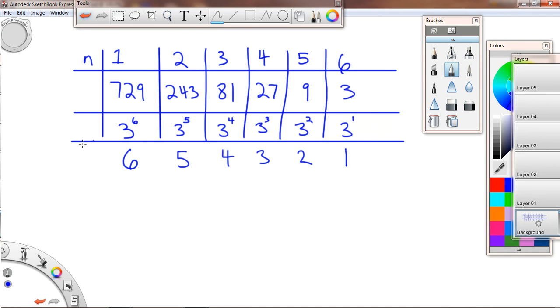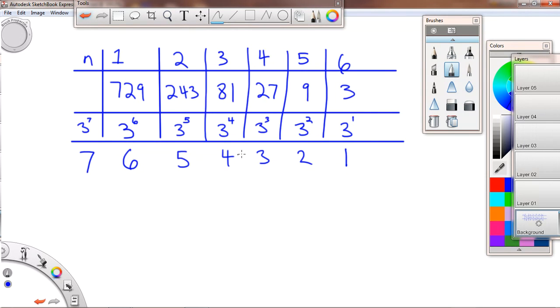And I don't have a number over here, but let's say when n equals 0, that if we went back a step, you can imagine that the exponent here would be 3 to the 7th. All right. So it looks like as n is getting bigger, the exponent is getting smaller, and that is true. That's what's happening. And it starts when n is 0 at 7.